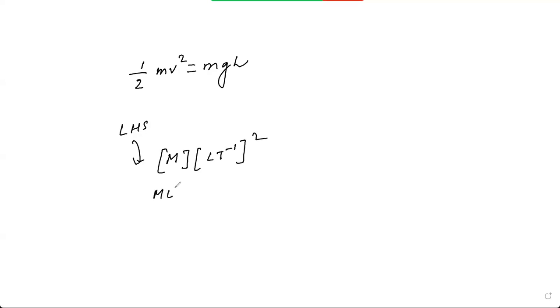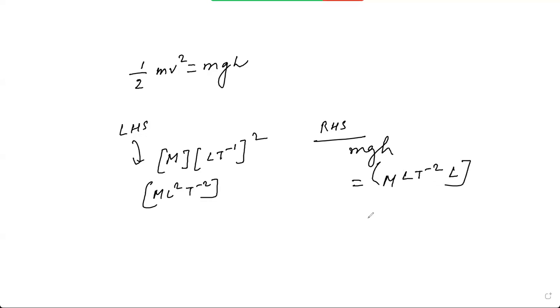So M L square t to the power -2, this is the dimension of mv square. In the RHS, this is mgh. Dimension of m is M, g is L t to the power -2, and height is length. So this is M L square t to the power -2, same as LHS. So this is a dimensionally correct equation.